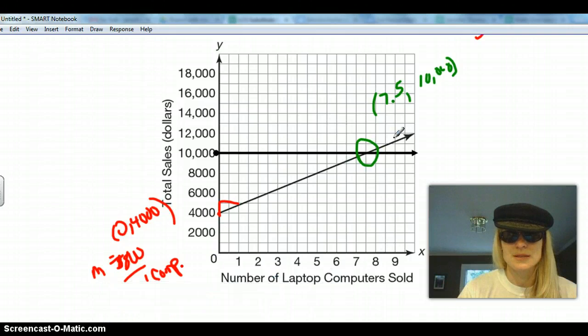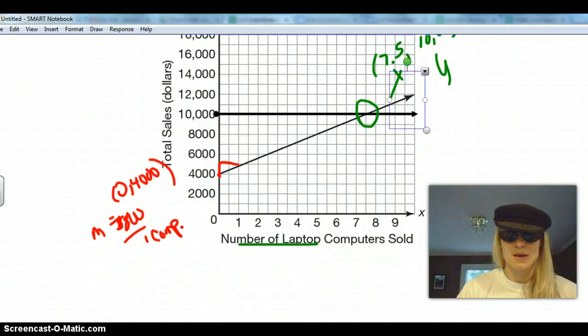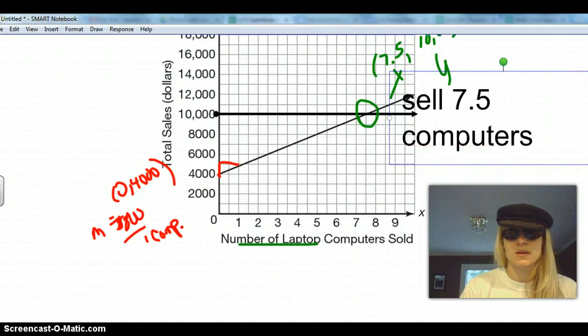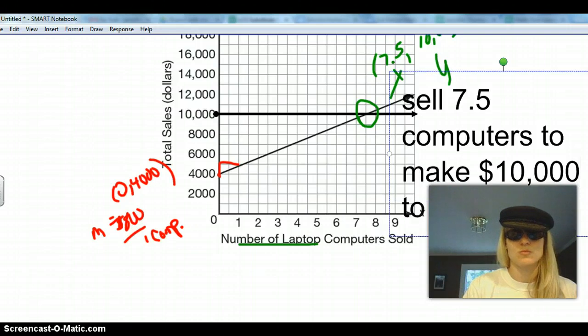So I know that this is my x, and this is my x. So I know x is the number of laptops sold, and this is my y, and this is my y, and this is the total sales. So in short, I should be able to say that he will have to sell 7.5 computers to make $10,000, oops, not percent, dollars, to get his bonus.